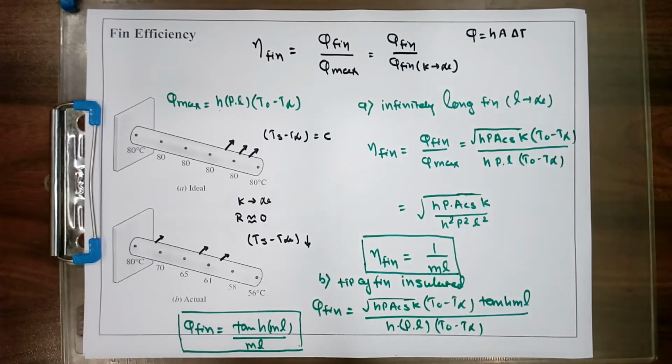So now we have to go for the conclusion. From this discussion we can conclude that the performance or the efficiency of fin depends on the perimeter as well as the length of fin. If you increase the length of the fin, definitely the weight increases. So for space applications we have to go with the perimeter. It means a geometry having a larger perimeter is very useful in space applications.